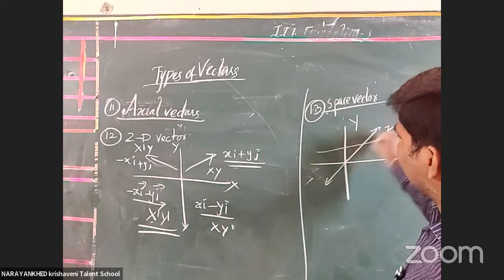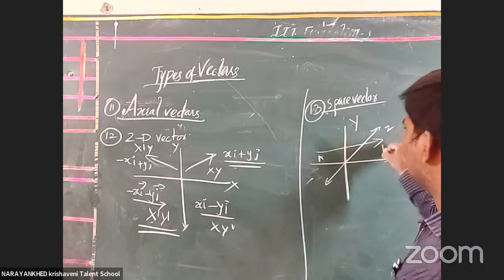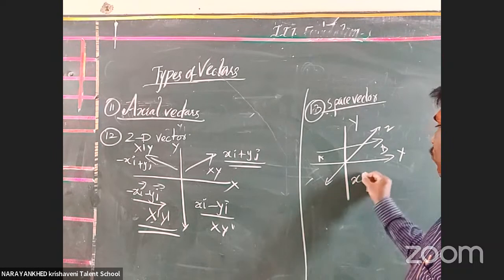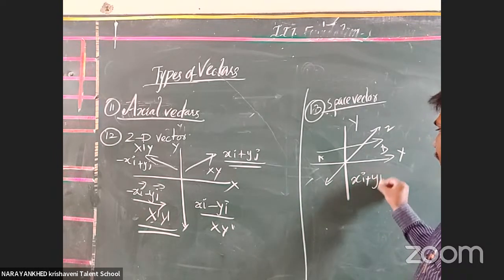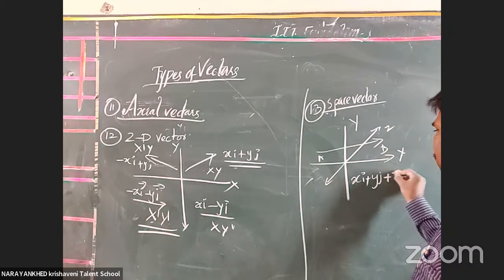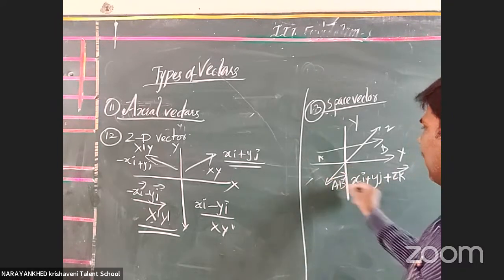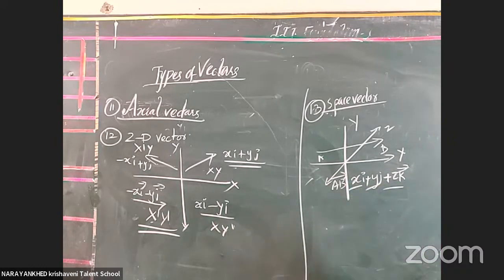In case there is any vector like this, AB, going through all the axes, at that time it looks like xi plus yj plus zk bar. Okay, clear or not? The AB bar is written as the components along all the axes.